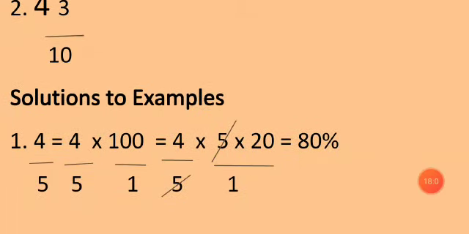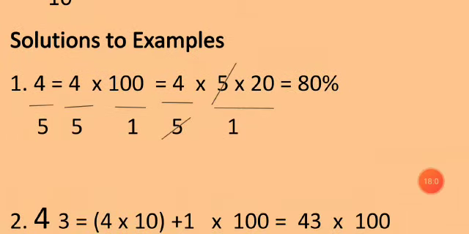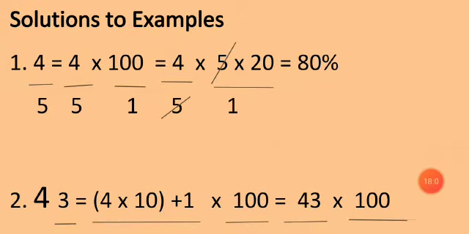Solutions. Number 1, 4 over 5. 4 over 5 is a proper fraction. So, we are taking step 1. We are simply multiplying by 100 over 1. So 4 over 5 equals 4 over 5 times 100 over 1. 5 is a common factor to 5 and 100.